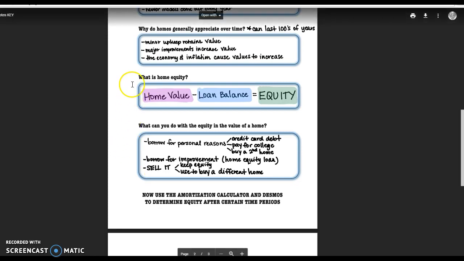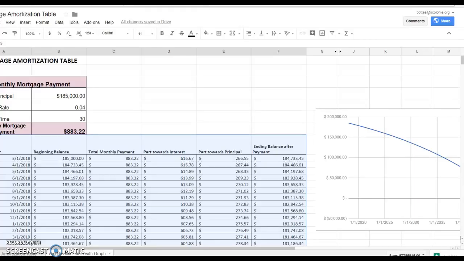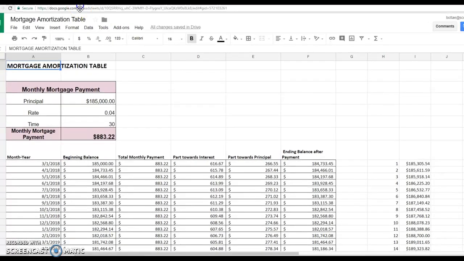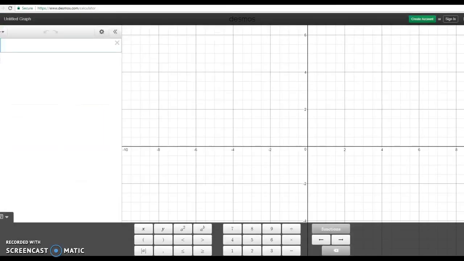And what I need for that, and I don't make them pull this up, I usually just show them, is the amortization table, which I had pulled up before. And you need Desmos.com to graph it.